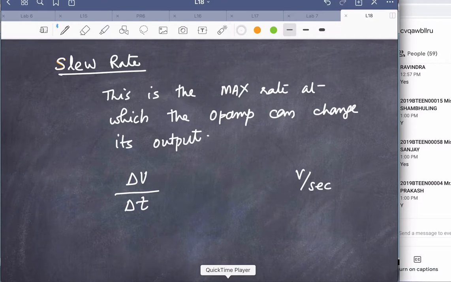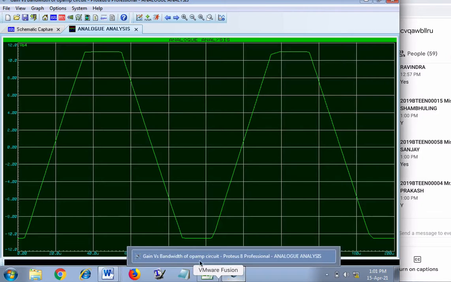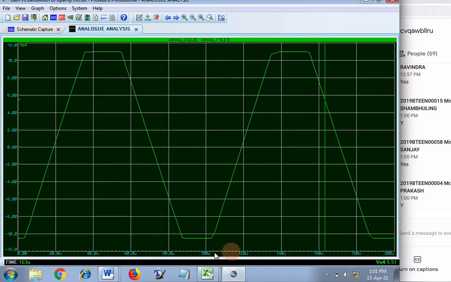Since the time scale is in microsecond, as you can see here, you can write volts per microsecond.